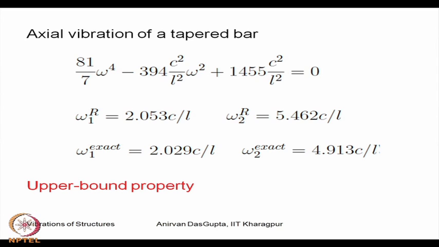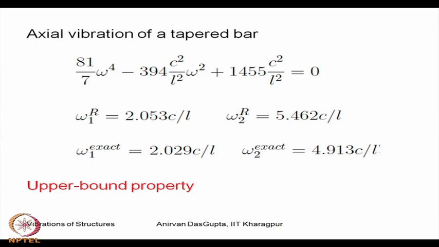You can see that we have taken two terms, and the fundamental circular frequency matches quite well with the exact, while there is some error in the second circular natural frequency.